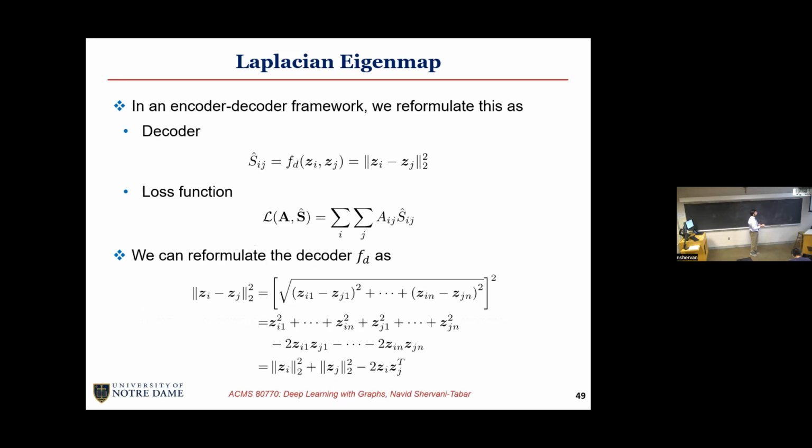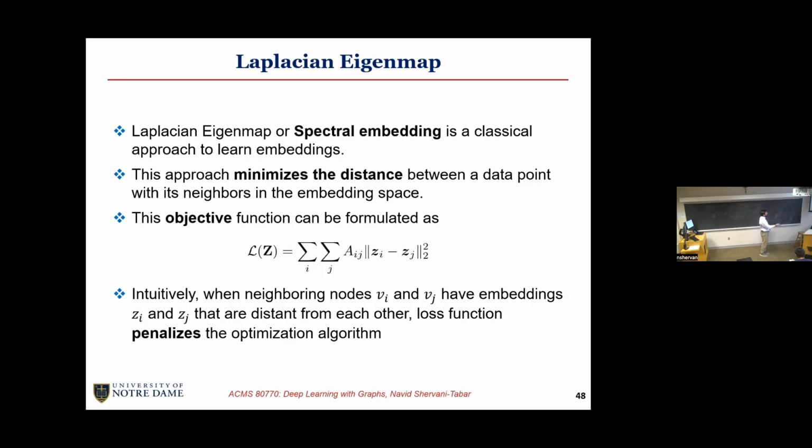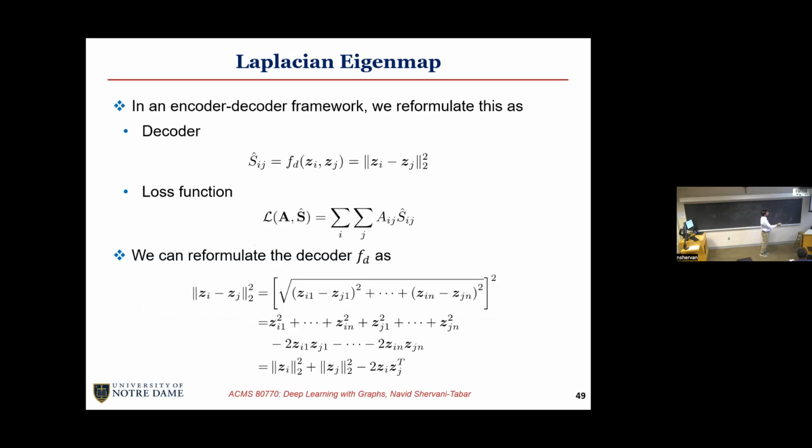Now let's formulate that as an encoder-decoder problem. We have some decoder that takes two embedding vectors and turns them into some reconstruction measure. We can think about this distance as our reconstructed measure, which we show with S hat, the output of my decoder.